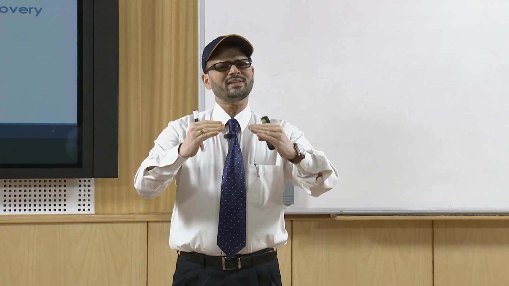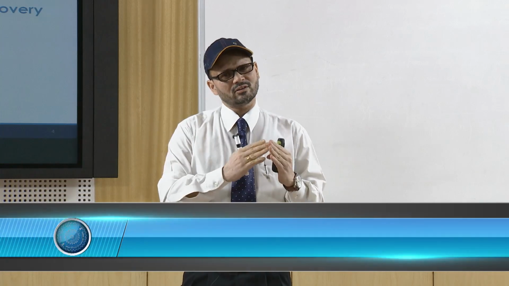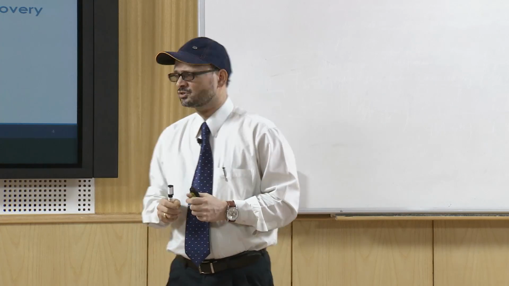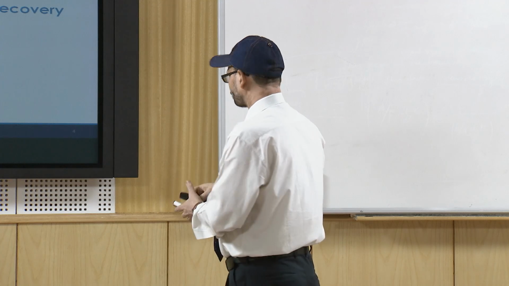Now, what should be the equal year end payment you should get in the future, so that the capital which you have, the present asset, and also the interest which it earns, all is exhausted over n interest periods. This factor when multiplied with P, your present investment cost, will give you the equal year end payment or equal year end income for you.